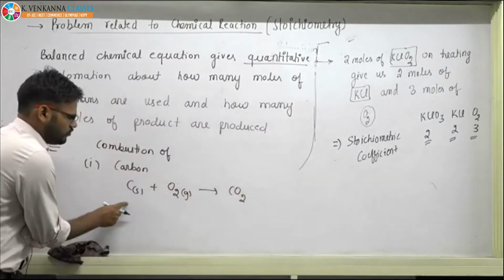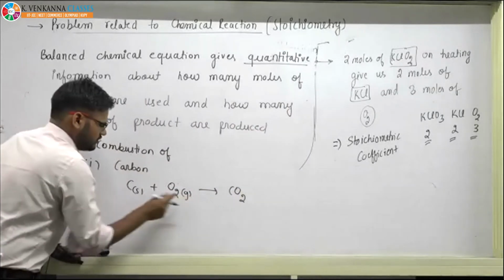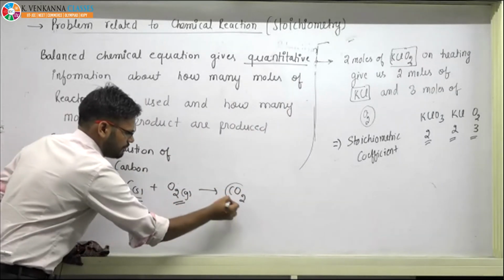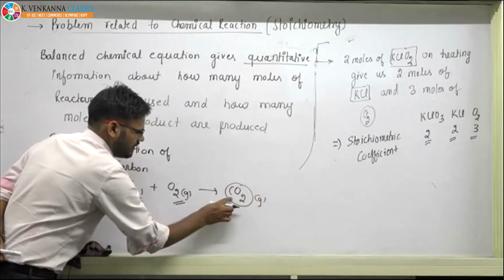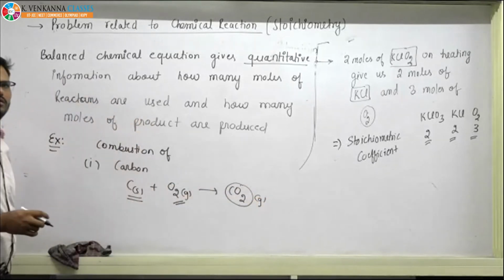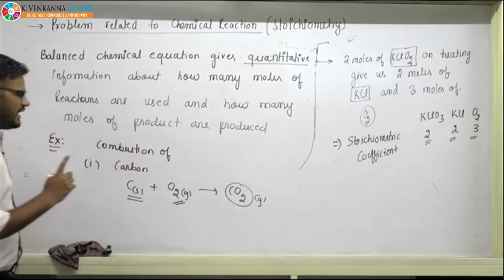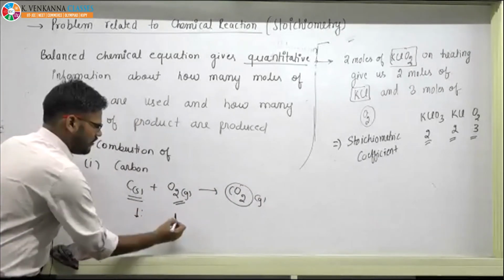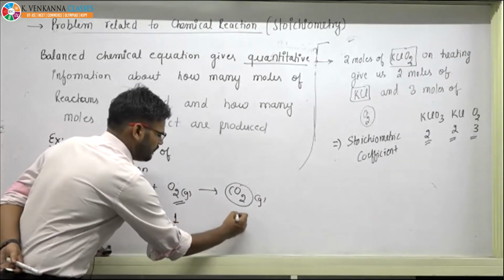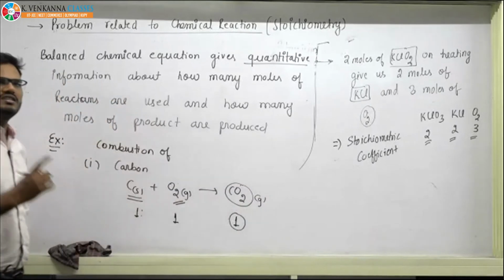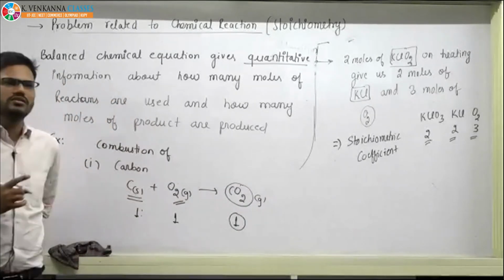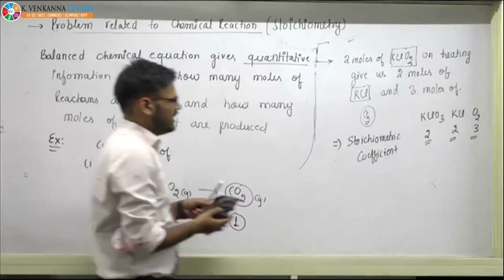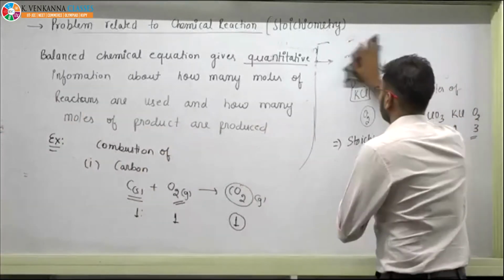If you see here, it is one carbon, here are two oxygen, and on the product side also there is only one carbon and two oxygen, right? So it is balanced. So 1 mole of carbon reacts with 1 mole of oxygen and provides 1 mole of CO2. This is the information which we need to extract. Yes, I will take that, beta. Do not worry.